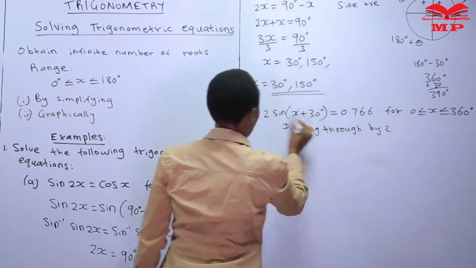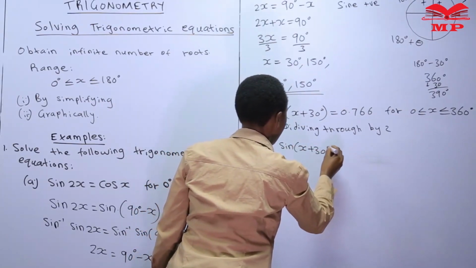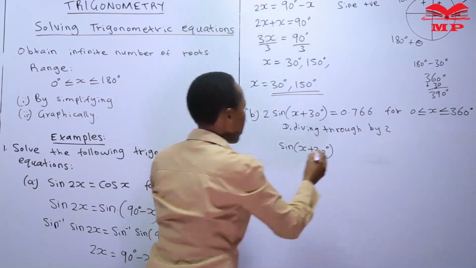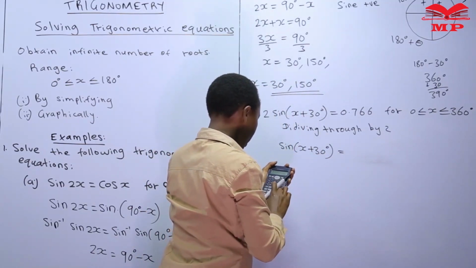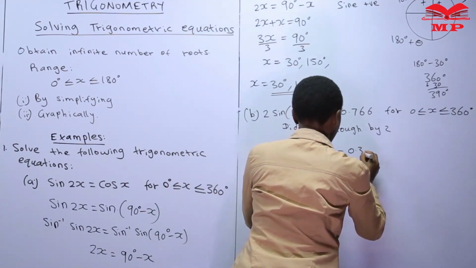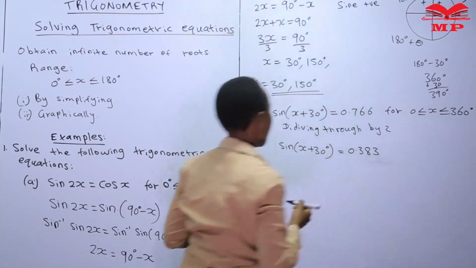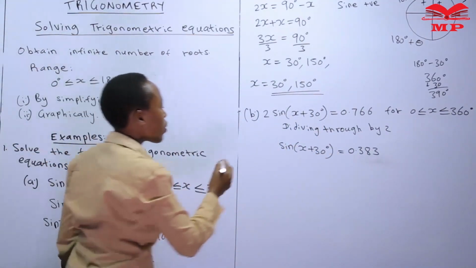So when we divide this, we get sine (x plus 30 degrees), and we divide 0.766 by 2, we get 0.383. Then we get the sine inverse on both sides.